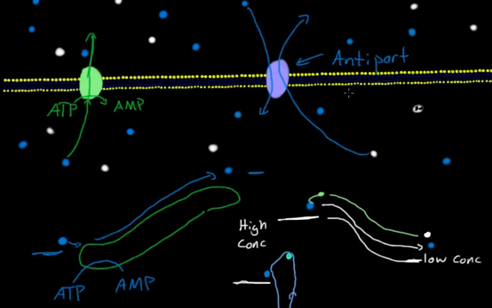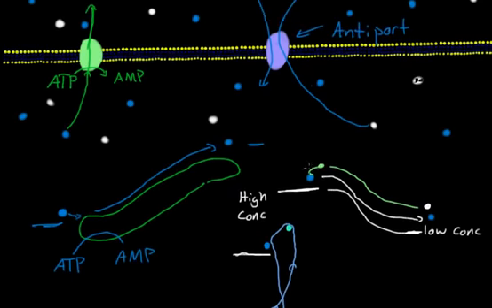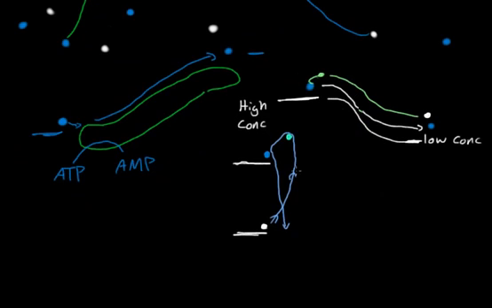And I hope that I guess I could also talk about symporters really quickly. Symporters is when they're just on the same side, but they're both going down, but there's still one going from a high concentration to a low concentration, while the other one's going from a low concentration to a high concentration.